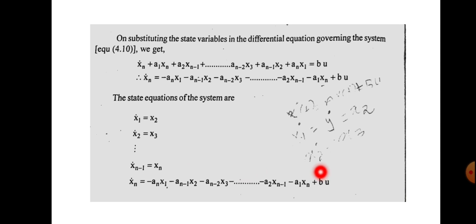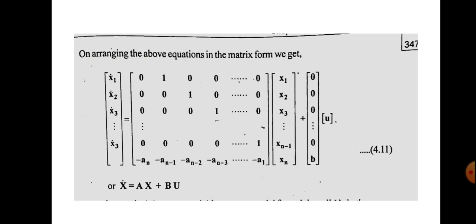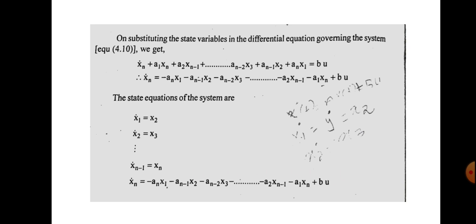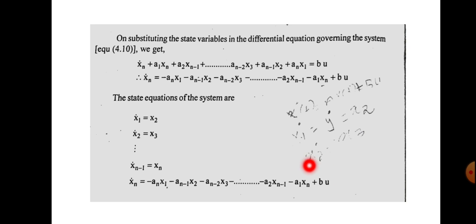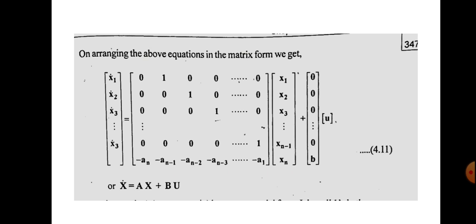Instead of b here it is a column matrix, so you can substitute this corresponding to this xn dot: all other entries are 0 and the last term will be b, and the next matrix will be u.